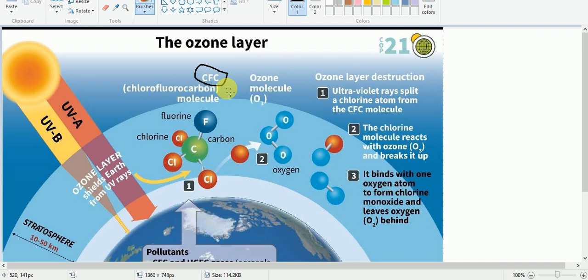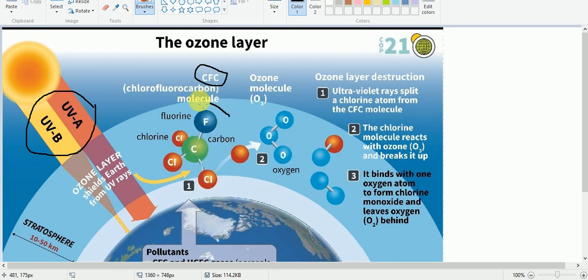Now let us see. Here different types of ultraviolet rays are shown. Ultraviolet rays split a chlorine atom from the CFC molecule.